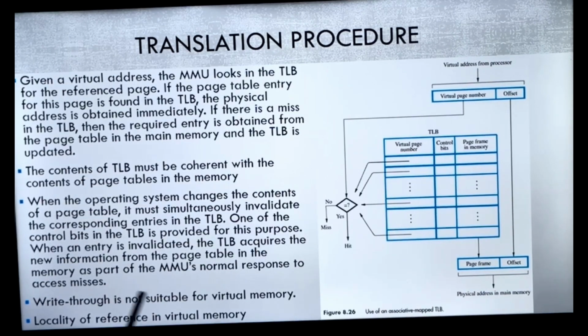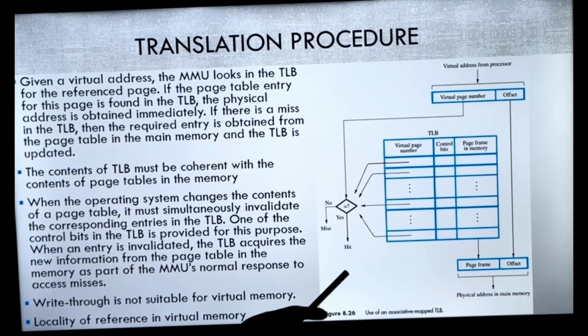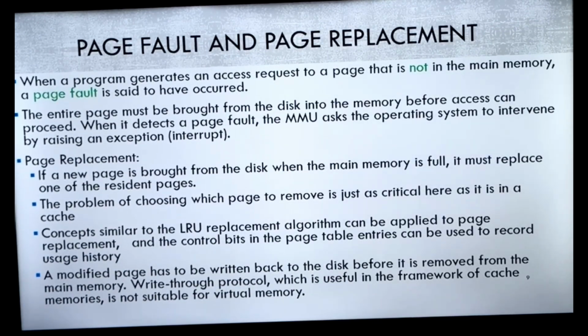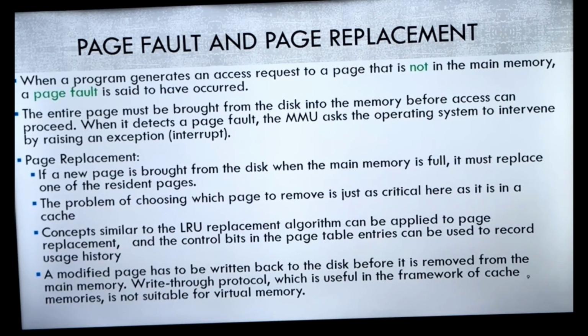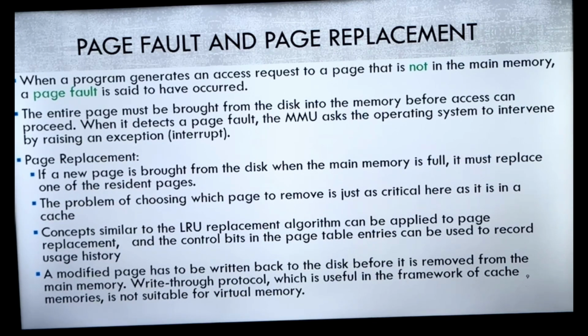Now we won't call it a cache miss or TLB miss here. We have a standard term for this. We call it a page fault. Page fault means it's a miss. Now when a page fault occurs, what do you have to do? You have to take it from the memory.